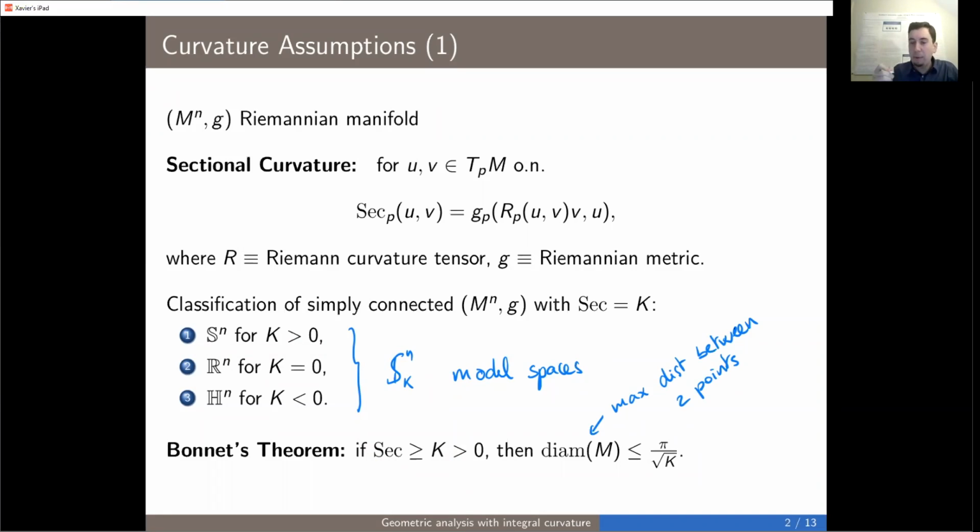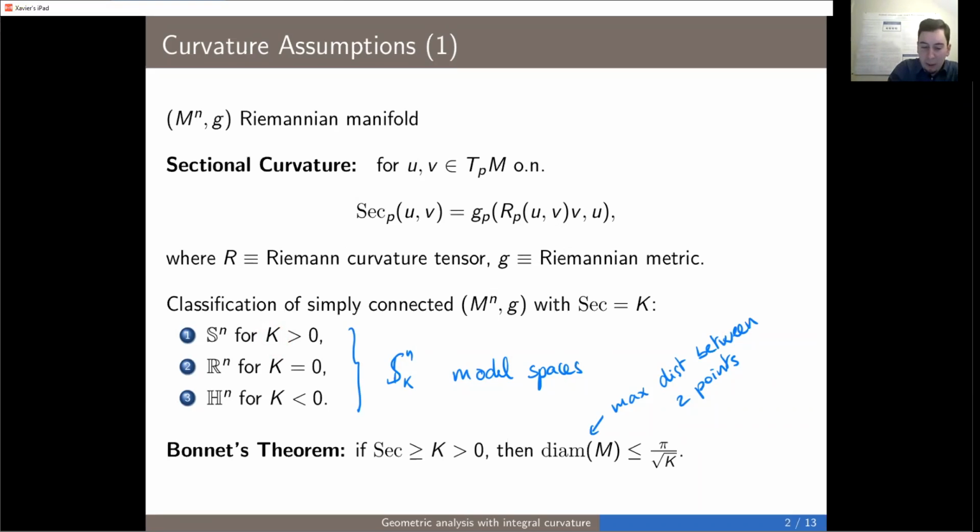And what is pi over square root k? Well, if you think about the model space, here we are in positive curvature, so the model space is the sphere. What is the diameter of the sphere? What's the maximum distance between 2 points in a sphere? It's going to be half of a circumference, so pi times the radius. But a sphere that has curvature k will have radius 1 over square root k.